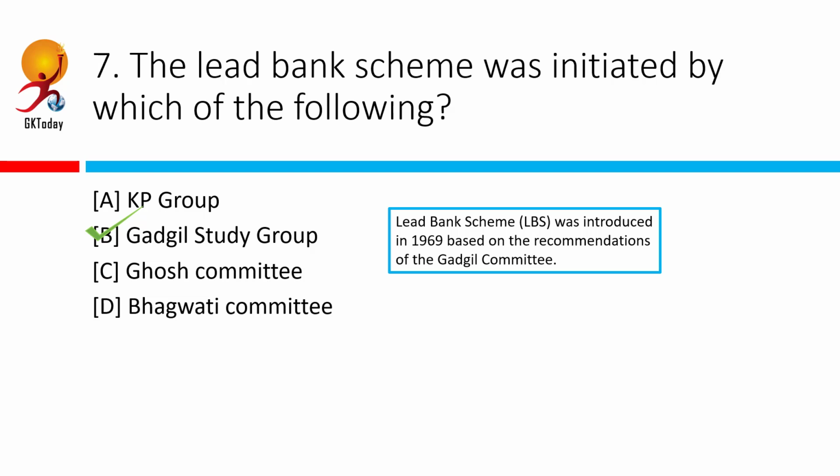The study group found that the commercial banks had penetrated only 5,000 villages as of June of 1967, and out of the institutional credit to agriculture at 39%, their share was a negligible 1%, the balance being met by cooperatives. The banking needs of the rural areas in general and backward areas in particular were not taken care of by the commercial banks, and besides, the credit needs of agriculture, etc. remained neglected, which is why Lead Bank Scheme was initiated.